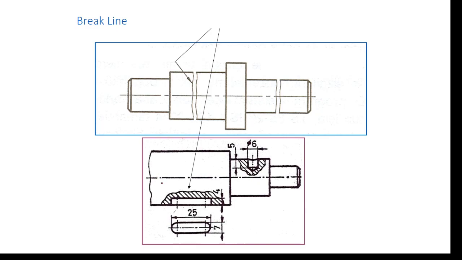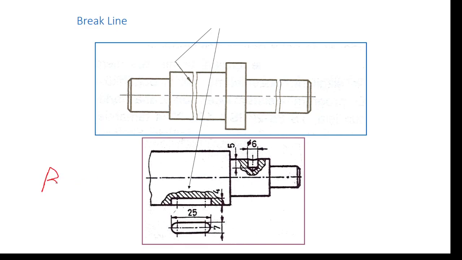If a view has both exterior and interior features to show, then instead of cutting the body entirely, we cut the object partially. A sectional view that shows a certain part of the object as if it were cut is called a broken out section.